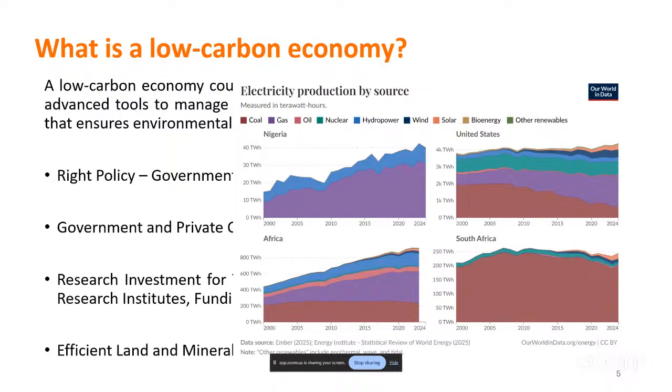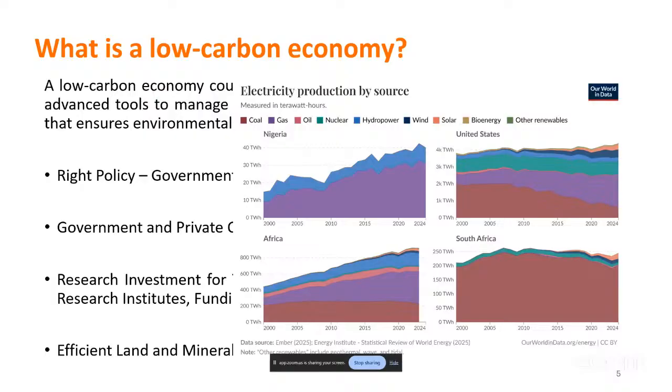Now, if you look at Nigeria, you have just gas and hydropower as the major sources of electricity generation. We could do better. If you look at South Africa, you have coal, a mix of nuclear, some wind, and some solar, which is a little bit more diversified. And the whole of Africa, I just showed Africa to show that, like Gideon mentioned, Africa is actually growing in terms of energy demand.